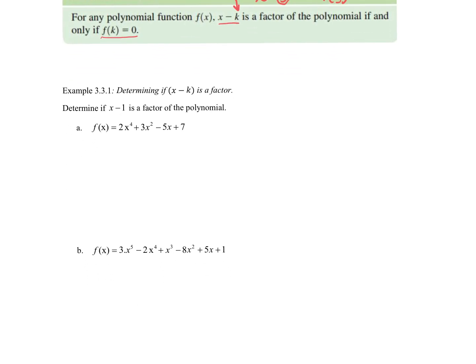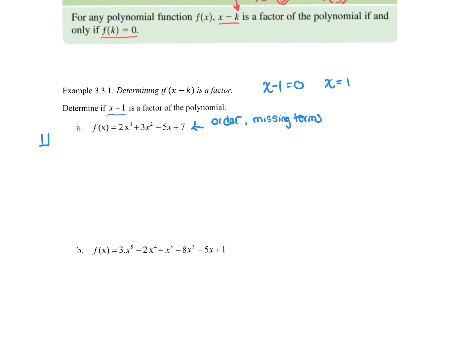So the first problem says, determine if x minus 1 is a factor of the polynomial. So remember, we take the factor x minus 1 and we set it equal to 0, add the 1 over, so now we know x equals 1. That's what's going to go in our house, the 1. And then we need to check this polynomial and make sure it's in descending order. And we have to add in the missing terms if there are any.